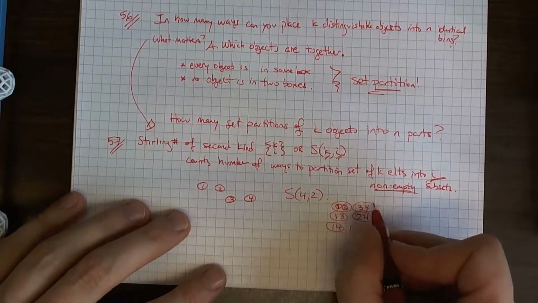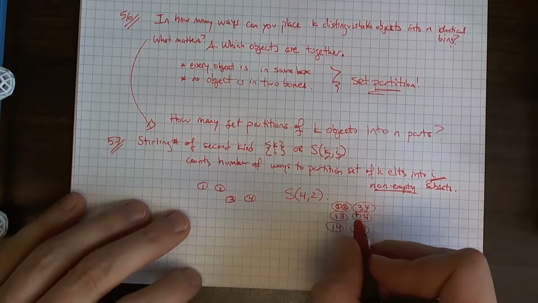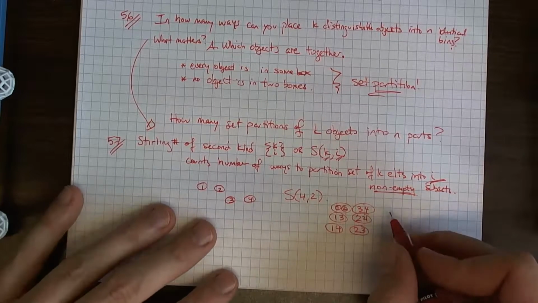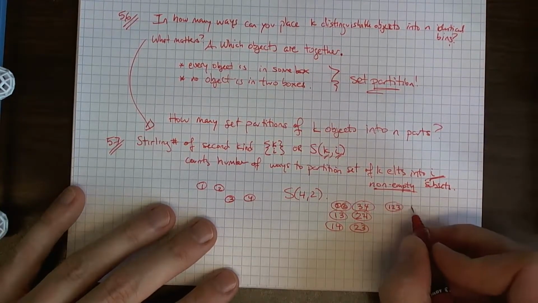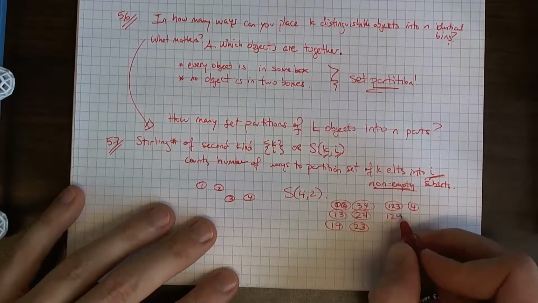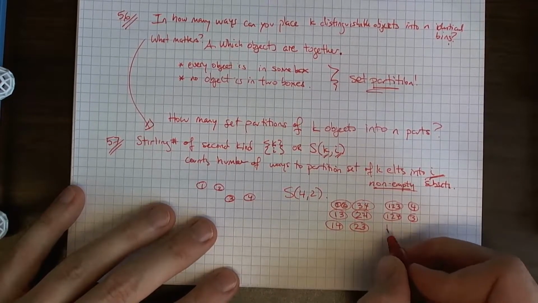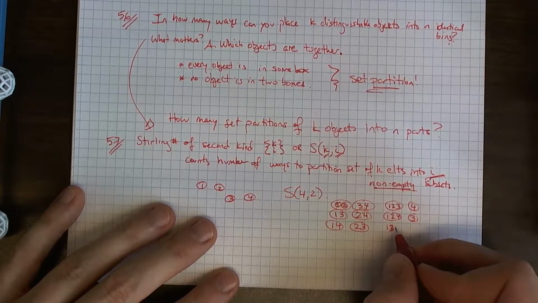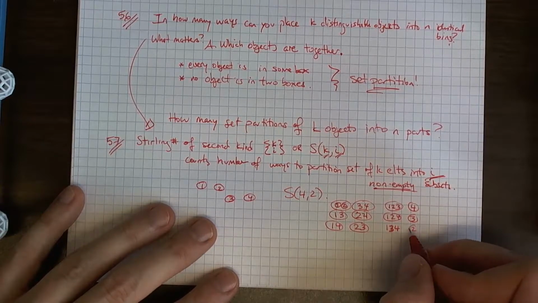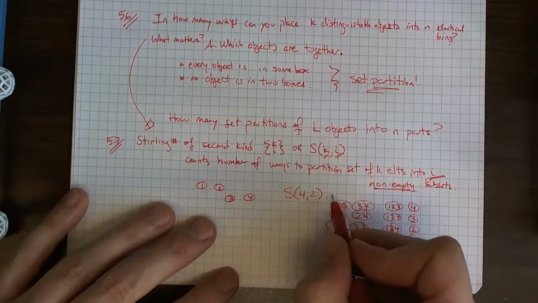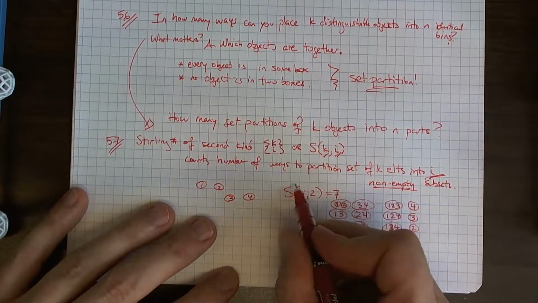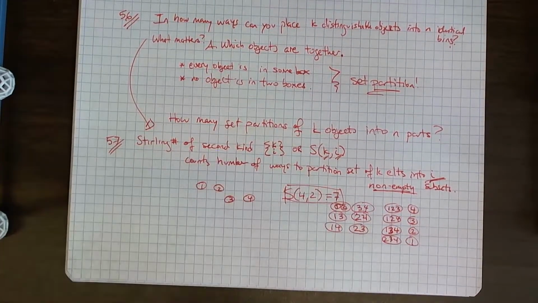So these are all the ways to put two pairs of objects together. But we could also do a set partition where we do 1, 2, 3 going with 4, or 1, 2, 4 going with 3, or 1, 3, 4 going with 2, or 2, 3, 4 with 1. And so S sub 4,2 is equal to 7.